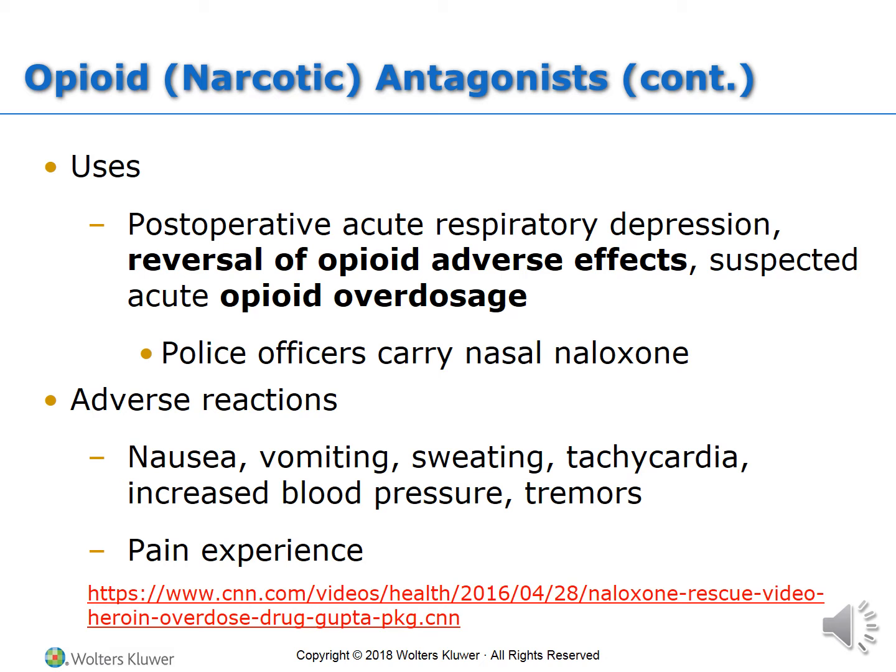It's a CNN video that shows a woman who's living in a halfway house type situation for people that are addicted to heroin, who has reverted back to drug abuse, and she's found overdosed on heroin. This is a real scene, and you can see them administering the Narcan to her. They have to give her a couple of doses, and then she begins to become revived. It's kind of an interesting thing to see if you haven't before.